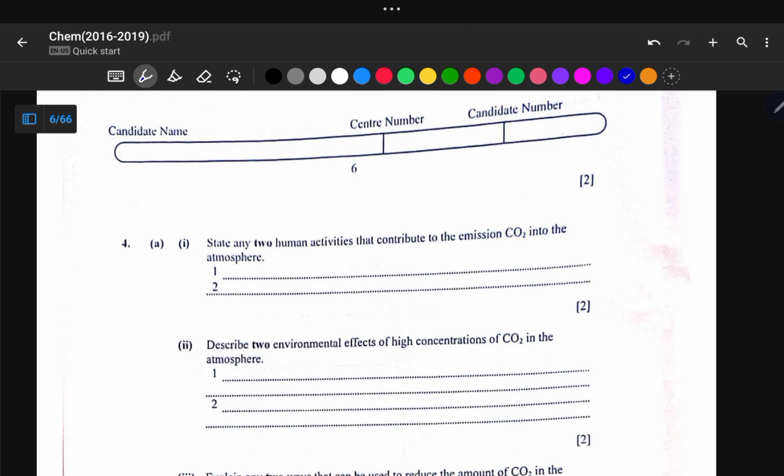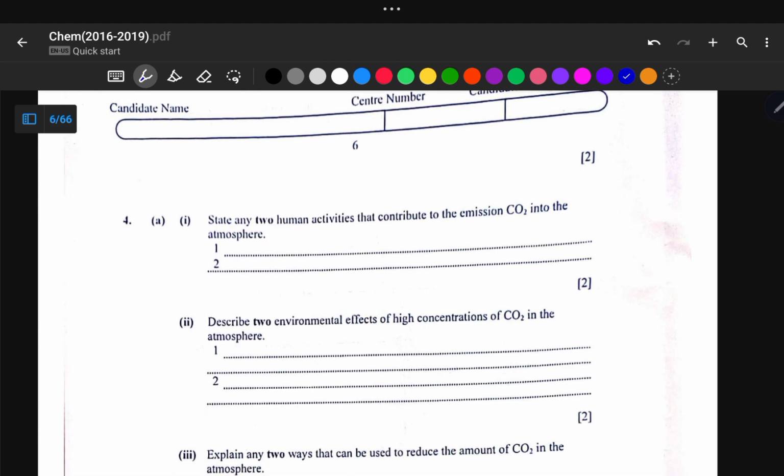State any 2 human activities that contribute to emission of carbon dioxide into the atmosphere. So we have got deforestation, which increases the concentration of carbon dioxide, since carbon dioxide is one of the raw materials we use in photosynthesis.